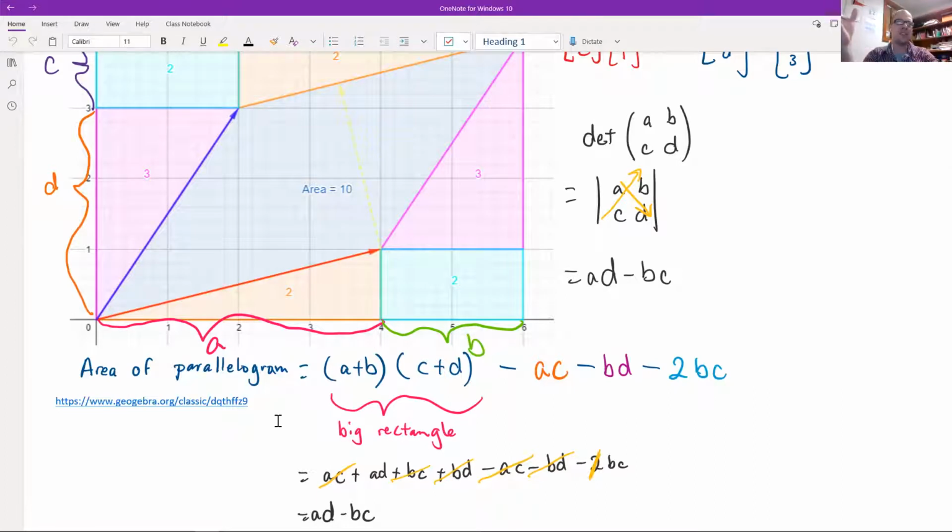The determinant does get a little bit more complicated than just finding area because it actually determines signed area. Right now, the red vector is in a certain orientation with the blue vector.